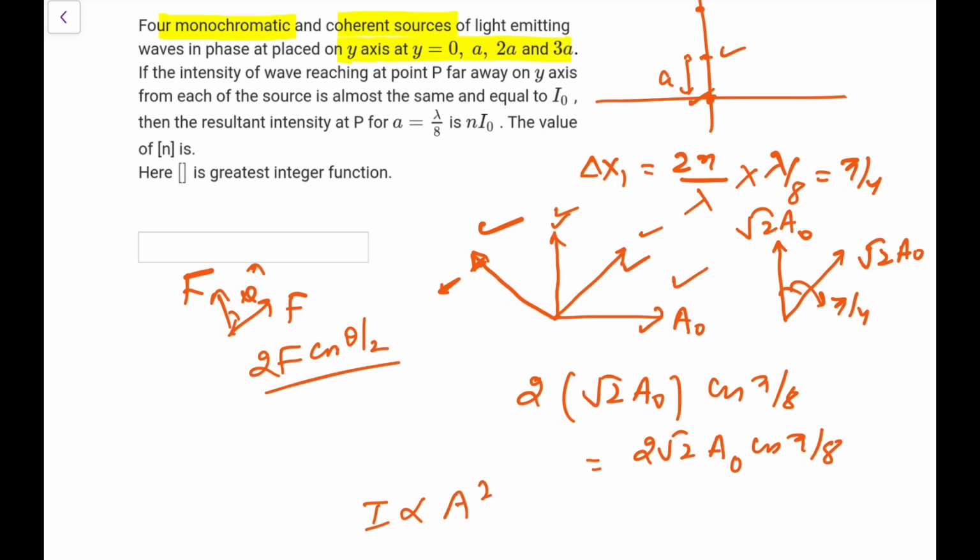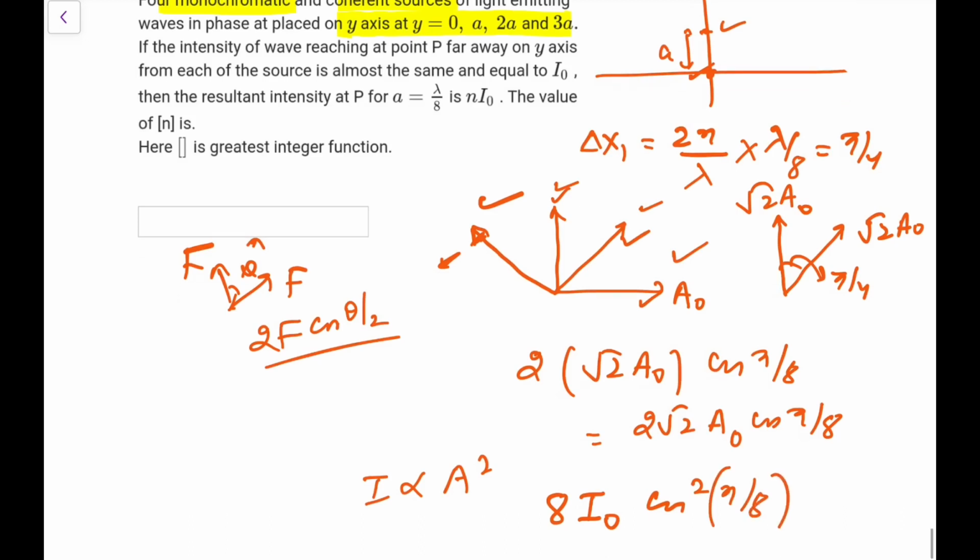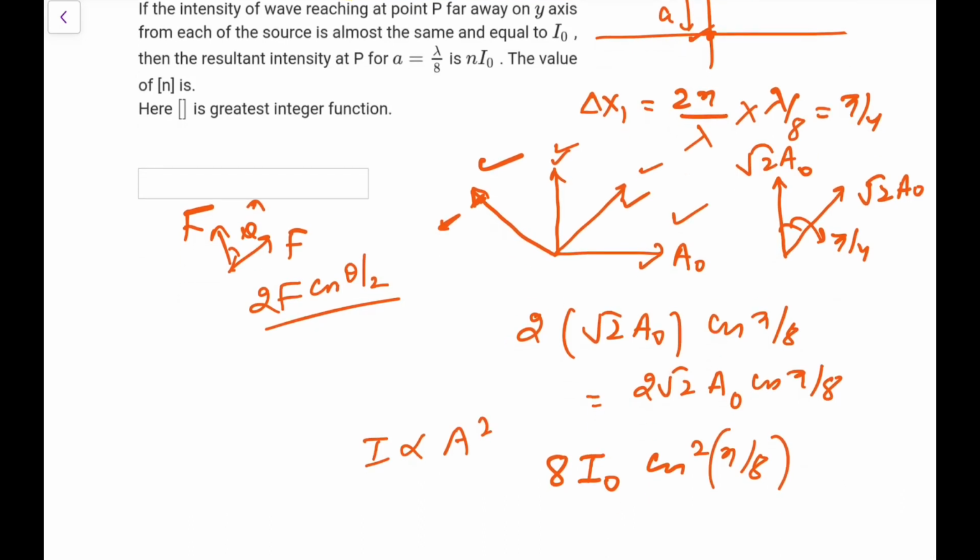So intensity is proportional to A square. So that would become 8 I naught cos square pi by 8. Now cos square theta: cos 2 theta you generally write as cos square theta minus sin square theta, so that will become 2 cos square theta minus 1.